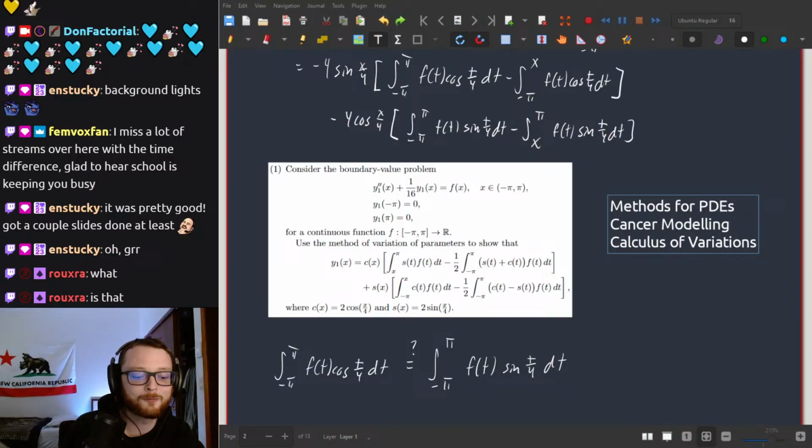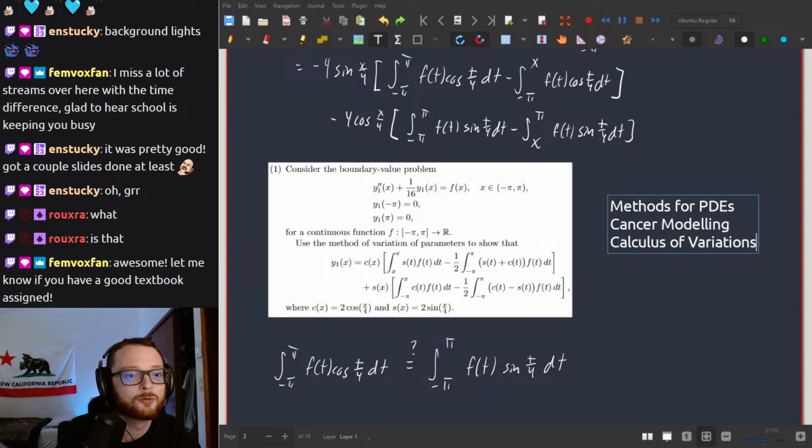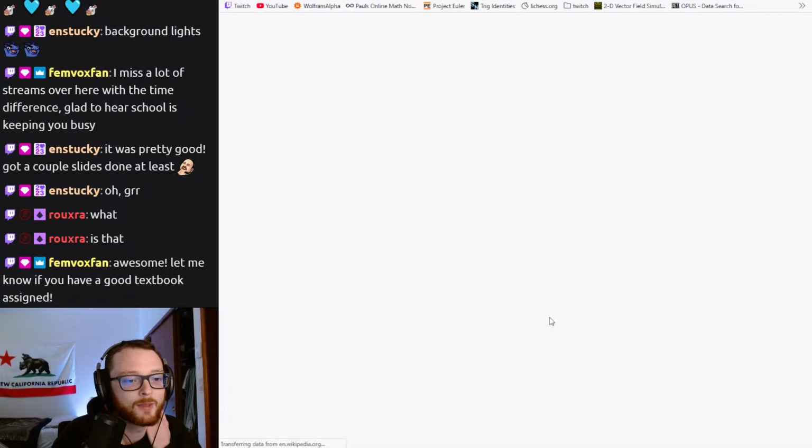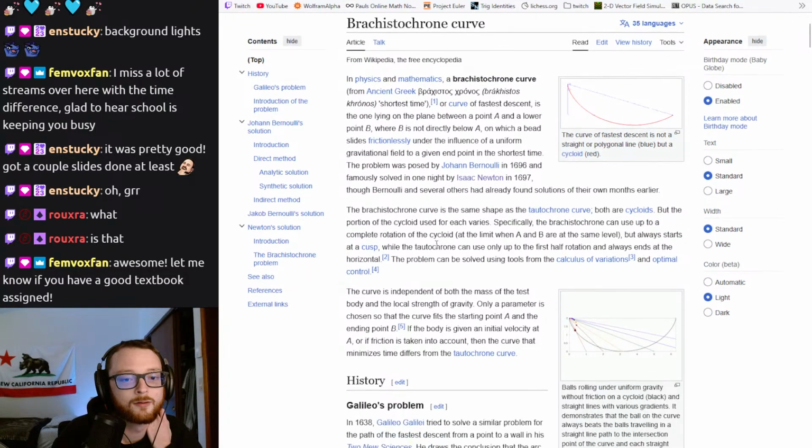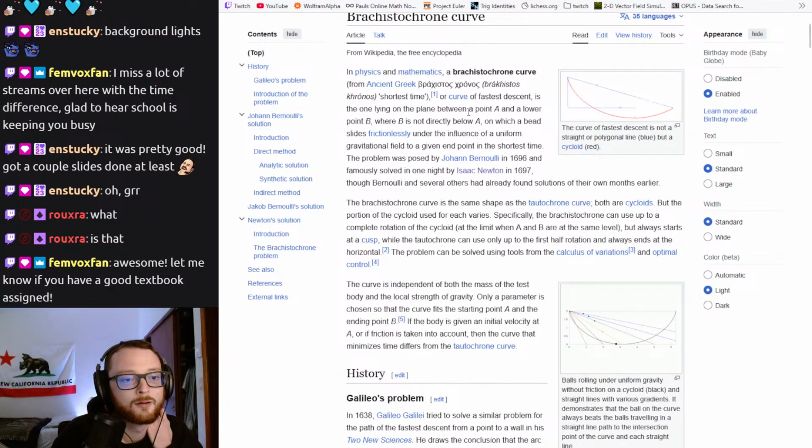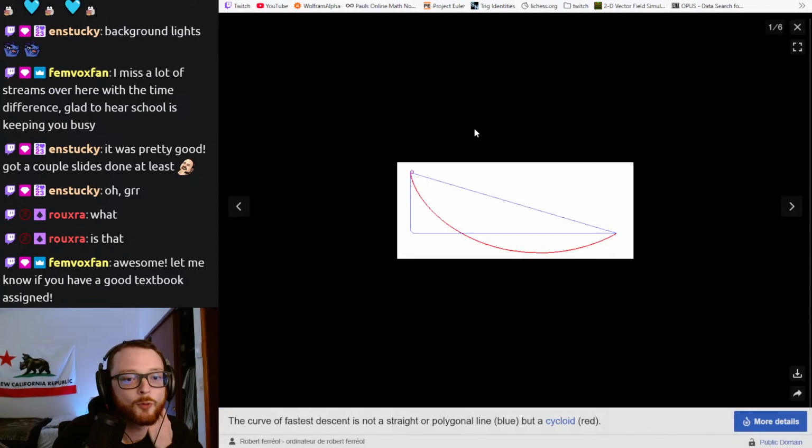The most famous problem from it though is the brachistochrone curve. It's a physics problem. If you start at a high point A, and you're building a ramp to point B, what ramp gives you the shortest travel time?